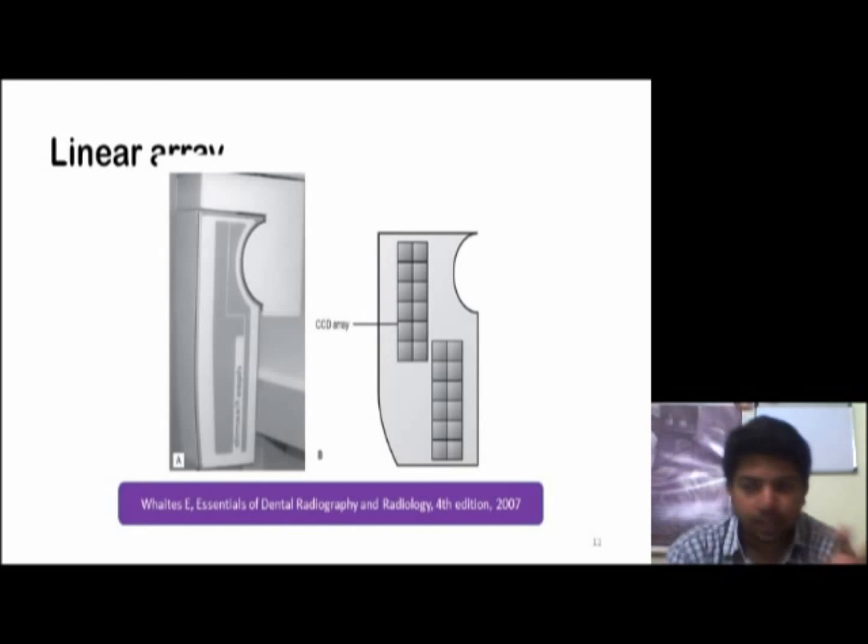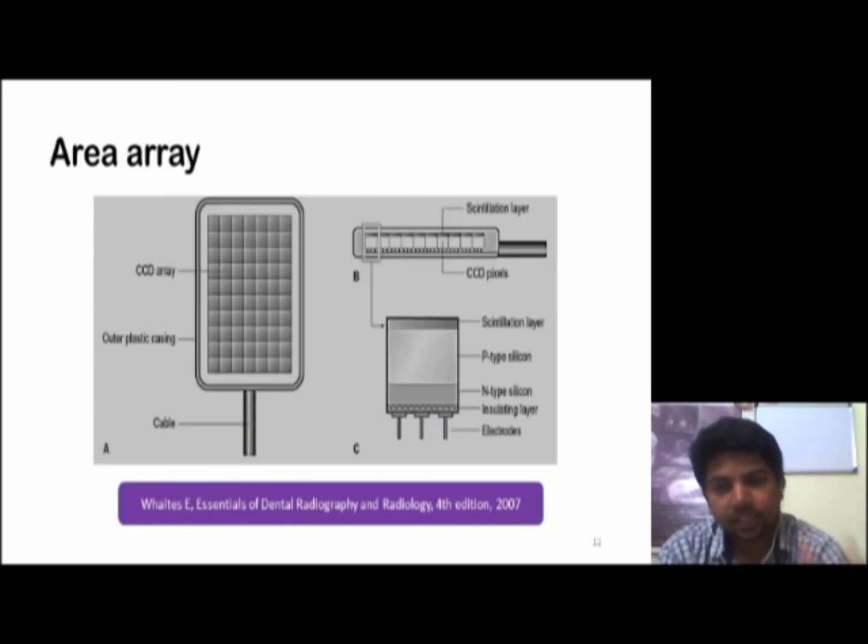These CCD sensors are available as linear arrays and area arrays. Linear arrays are used in orthopantomography and cephalography, whereas area array sensors are used in RVG.